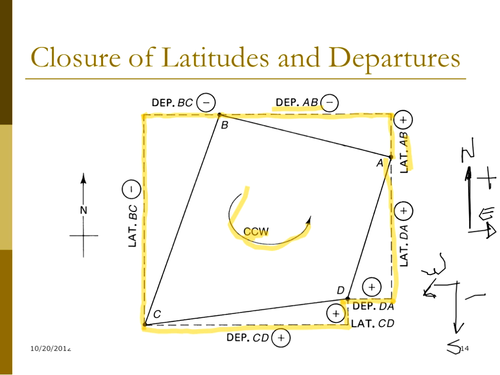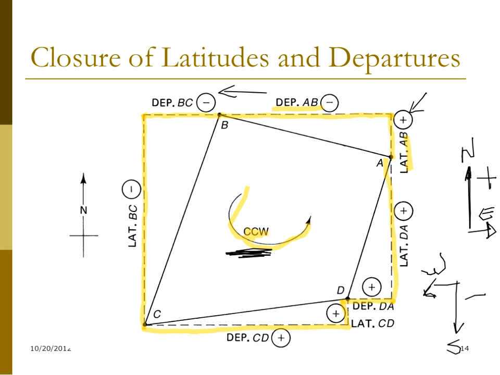So the direction that you're traveling, counterclockwise in this case, is important to know because you have to remain consistent all the way around your figure. The reason that your latitude of A to B is positive is because you're heading north. The departure of A to B and the departure of B to C are both negative because you're heading west, and so forth around the figure.